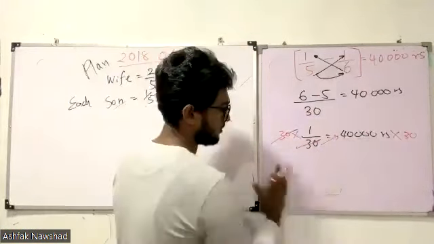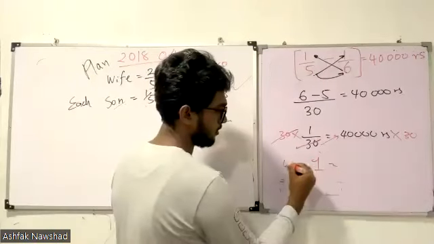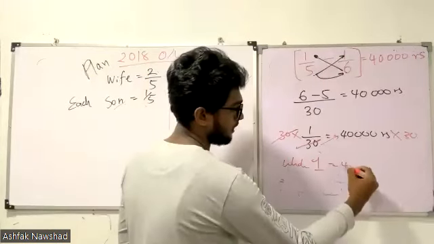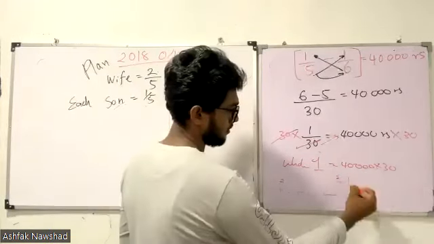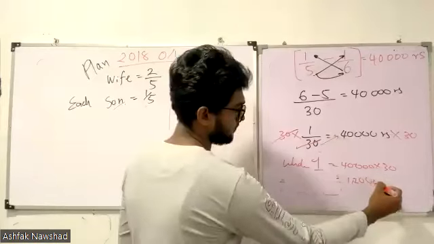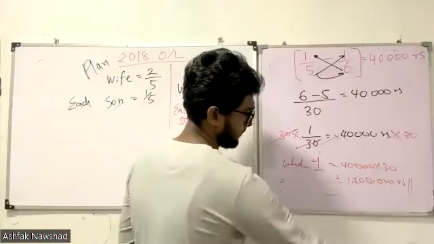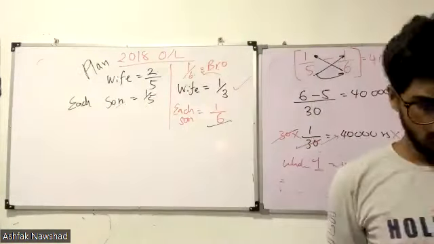So what is the whole amount? The whole amount is 40,000 times 30, which will be 1,200,000 rupees. That's a huge amount of money.